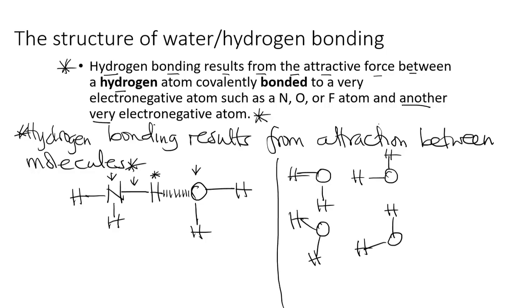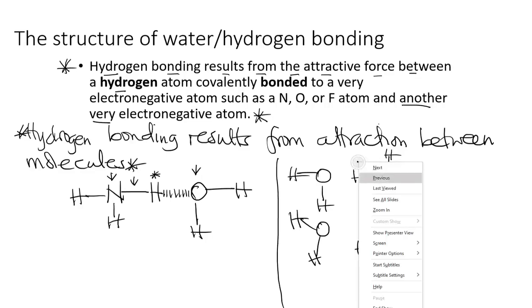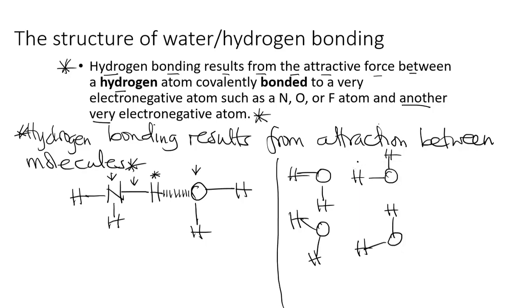If you talk about hydrogen bonding, there is this hydrogen covalently bonded to oxygen. This hydrogen also covalently bonded to oxygen. So water will form these hydrogen bonds among itself.